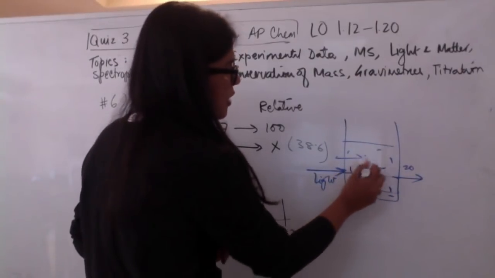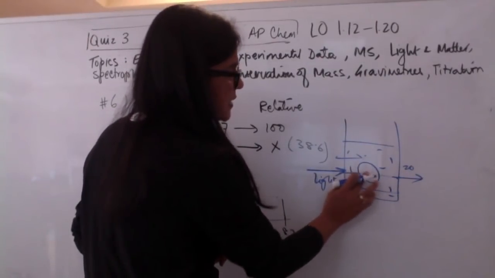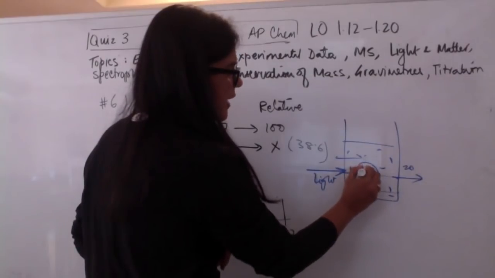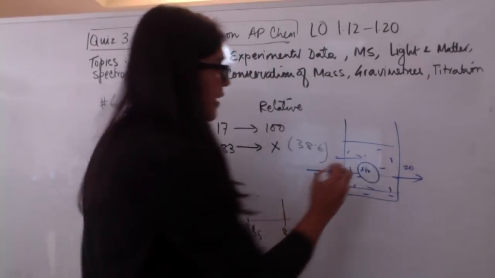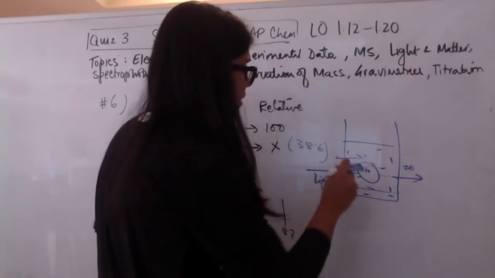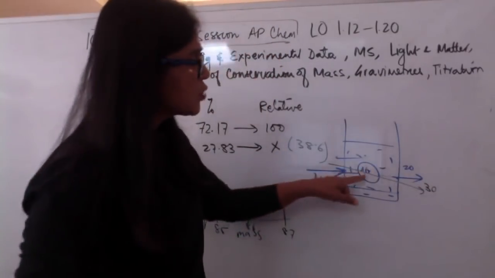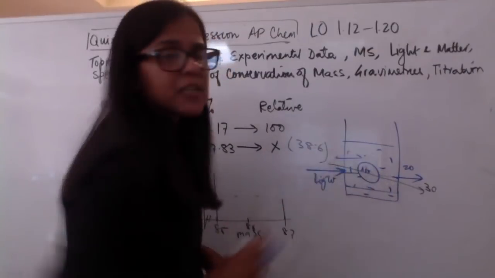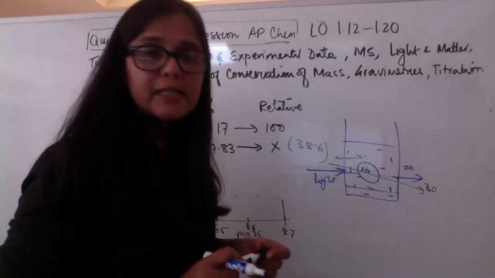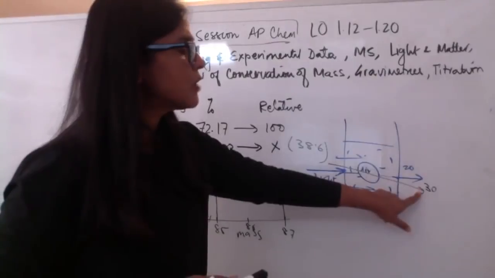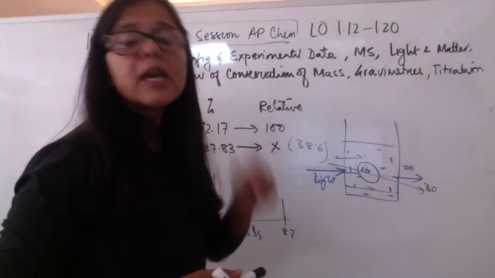Now, if I replace this colored solution with air, okay, now what's going to happen is what comes out of it is maybe 30, because what was to be absorbed here didn't get absorbed. And that is why what comes out of it will be higher.